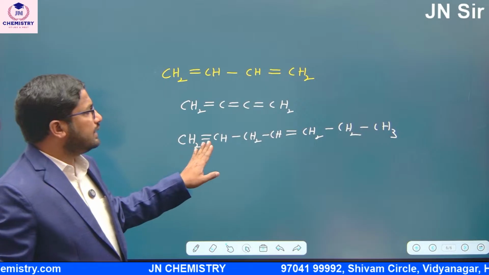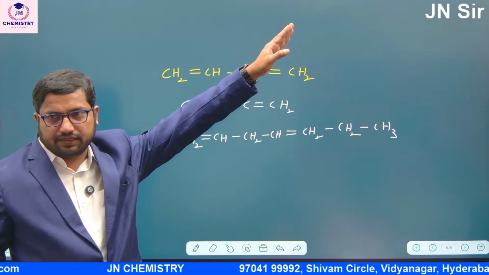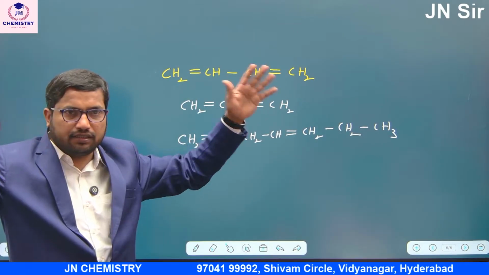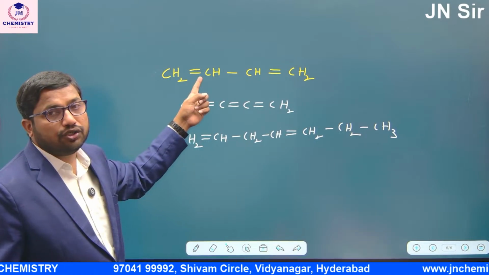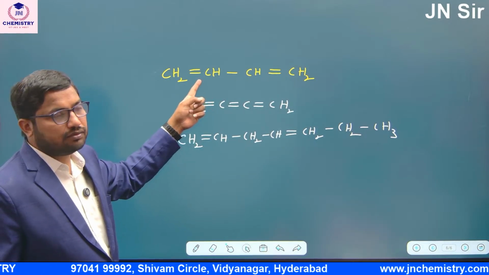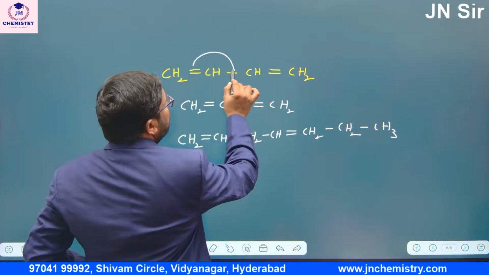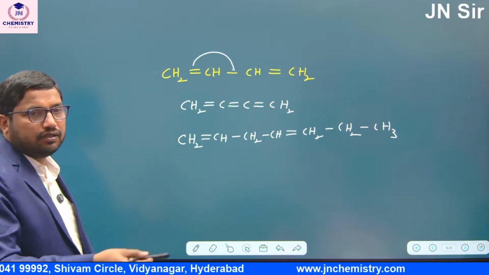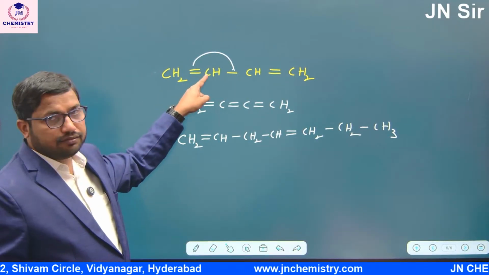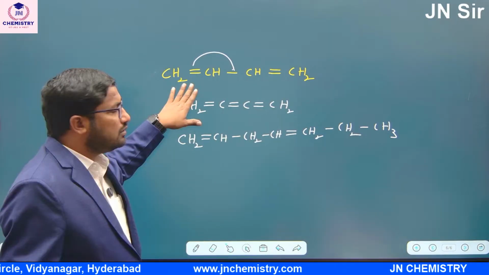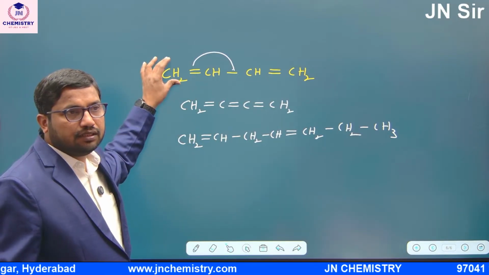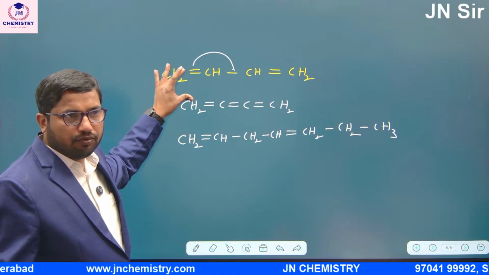Isolated means here is a double bond and somewhere else a double bond is there, isolated. This is cumulated. This is conjugated or alternate. Alternate means what? One after one, right? So in which case does resonance take place? Resonance takes place in conjugated or alternate double bonds.